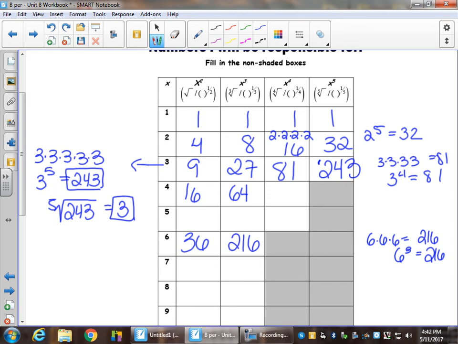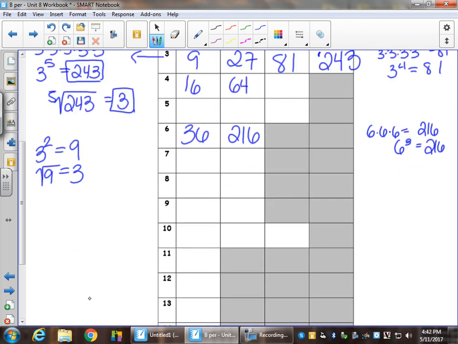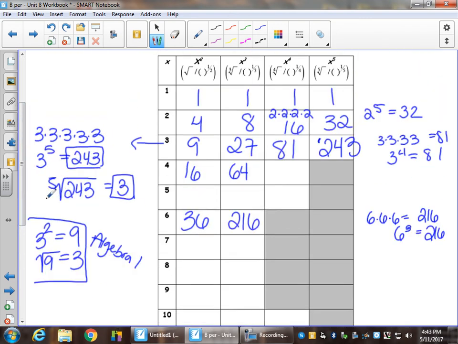No different than last year, where 3 squared was 9. So the square root of 9 is 3. This was Algebra 1. We're stepping it up. We're not just learning about square roots and raising to the second power. Now we're making the connection to fifth root and raising something to the fifth power.